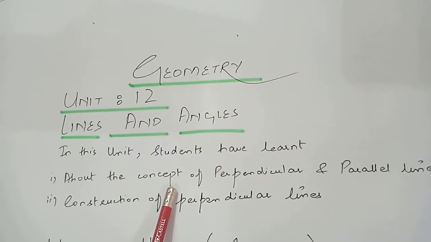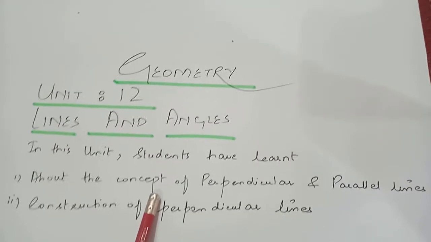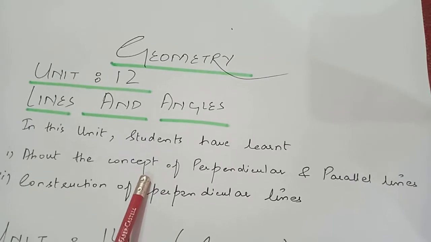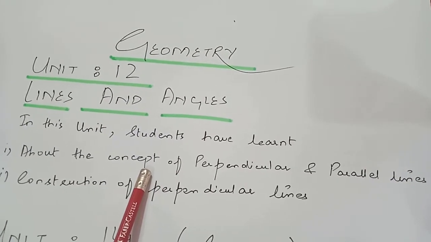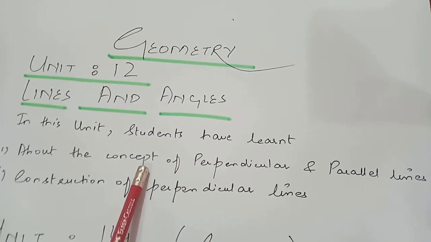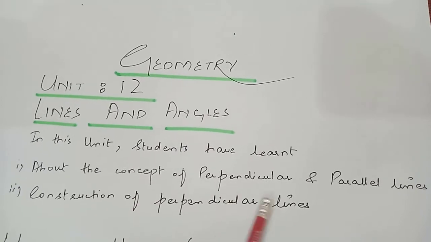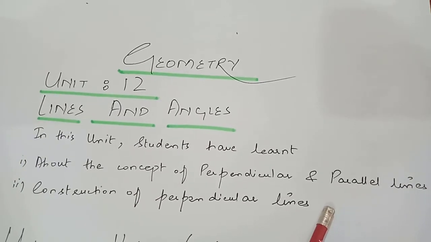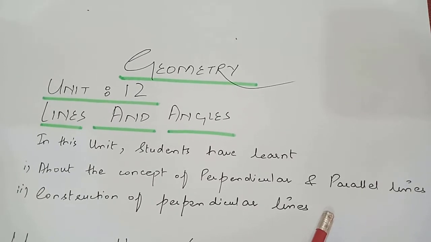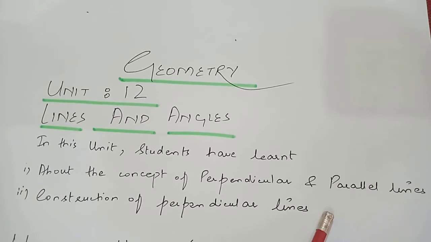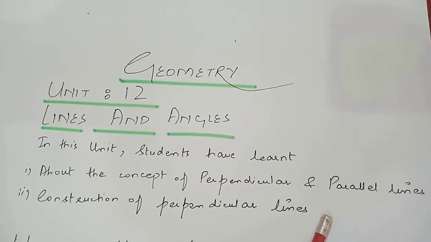Or two lines are said to be perpendicular to each other if the angle between them is a right angle or 90 degrees. Similarly, parallel lines: two lines which have the same distance between them and do not intersect are called parallel lines.